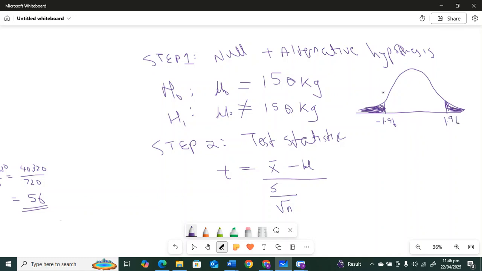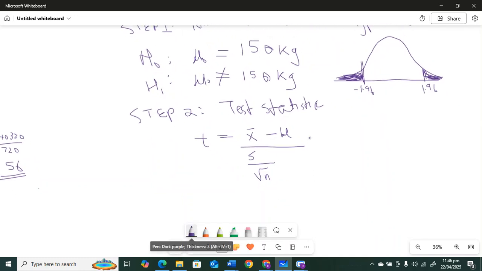This critical value separates the rejection and the fail to reject region. So our test statistic is going to be compared to these. So let's get our test statistic.